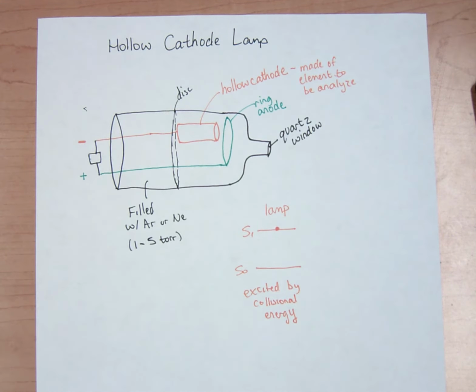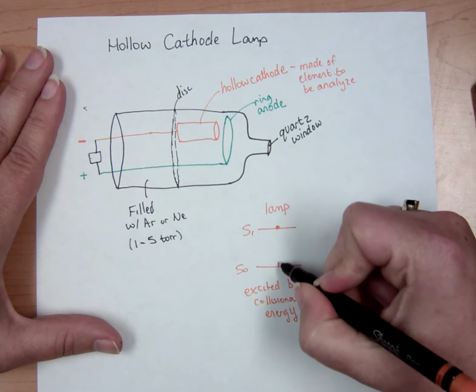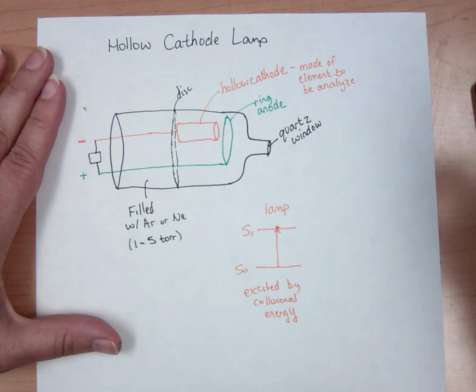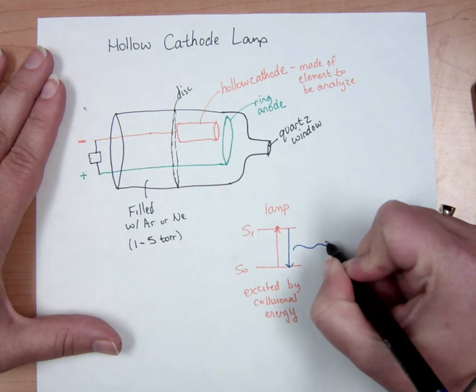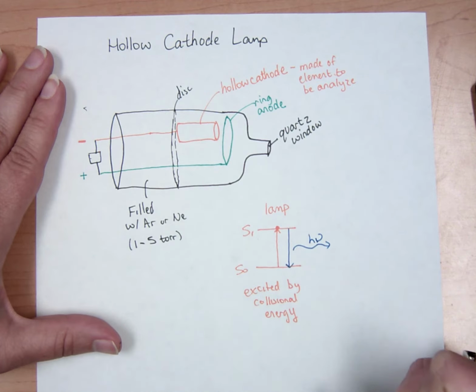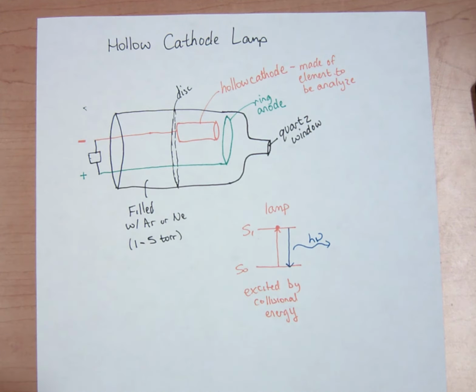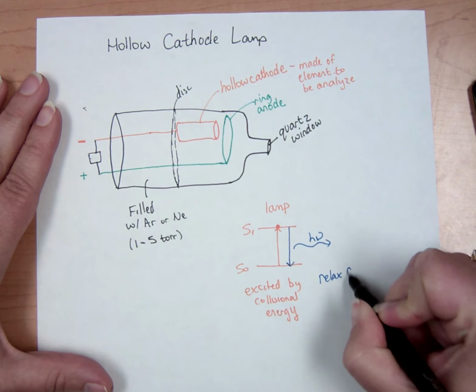Once you have atoms excited, what can happen? They're excited by collisional energy, and then they can relax. And when they relax, they can give off a photon. So we have them being excited by collisional energy and then relaxing for emission of a photon.